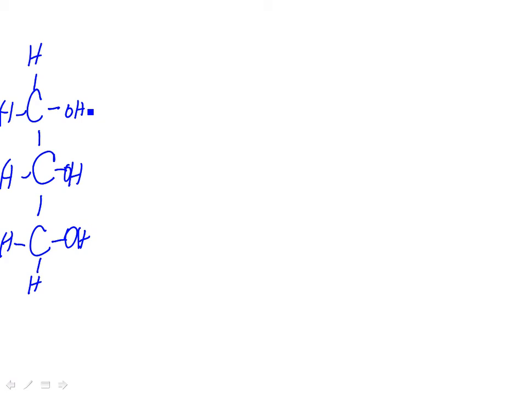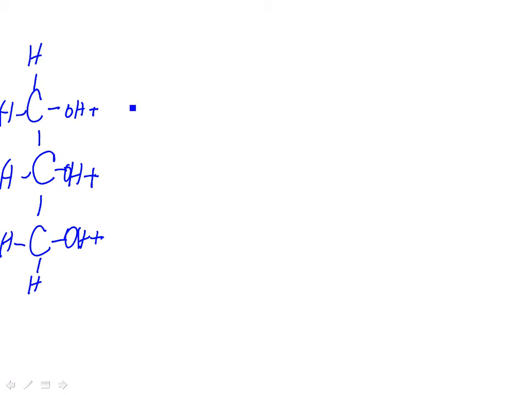And then our 3 fatty acids are composed of a long hydrocarbon chain and then a carboxyl group. Remember, the carboxyl group is what's going to be responsible for making our fatty acid acidic, okay?